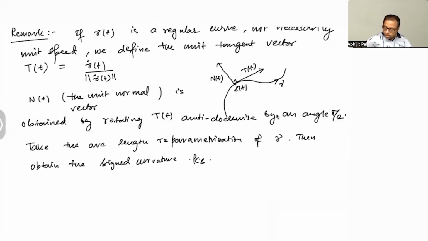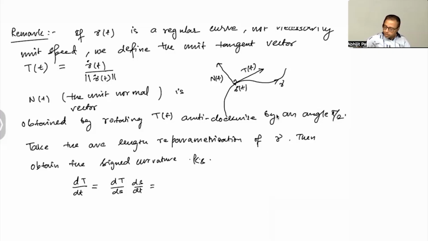So now, if I take the derivative of this tangent vector capital T with respect to t, this is equal to the derivative of the tangent vector T with respect to s, where s is the arc length parameter, multiplied by ds/dt.